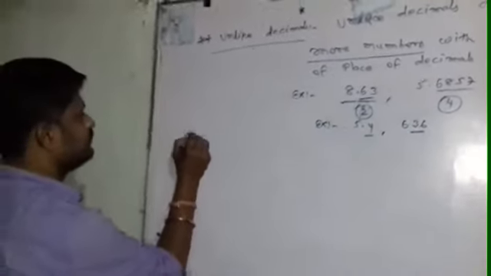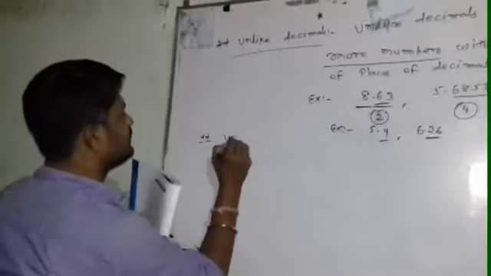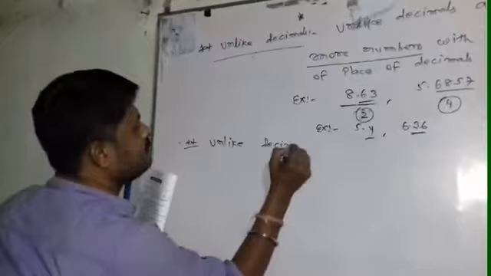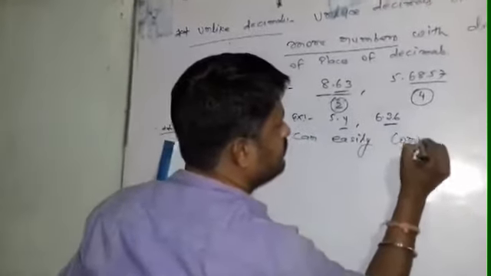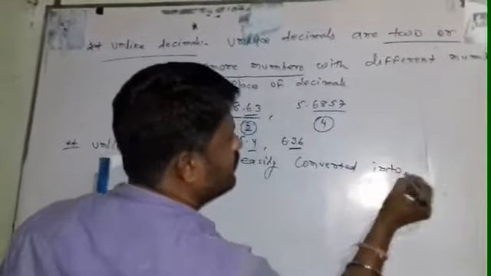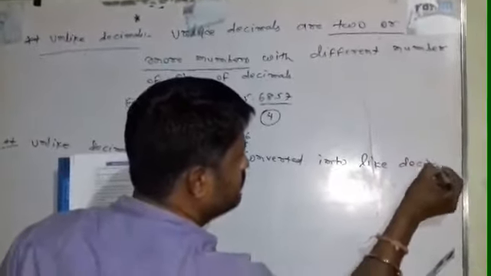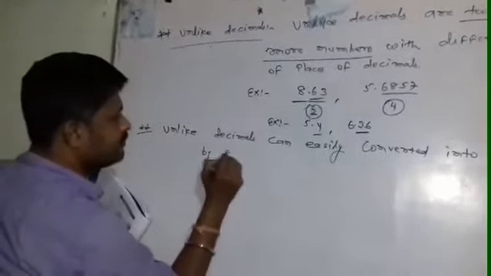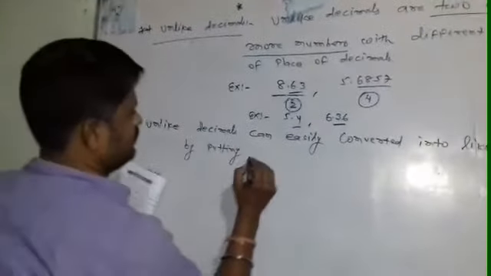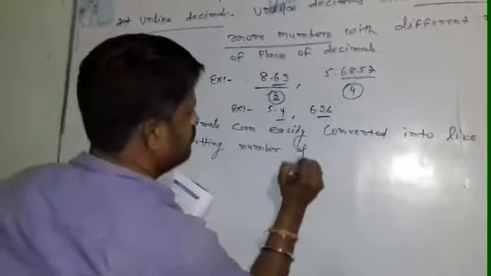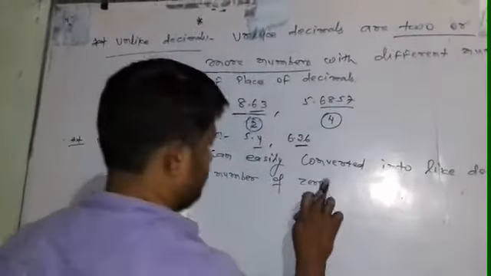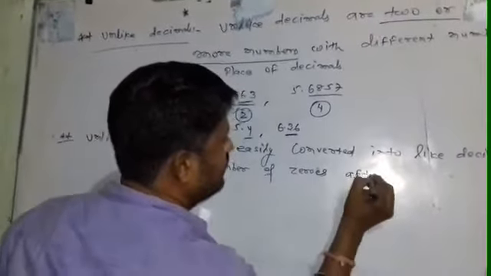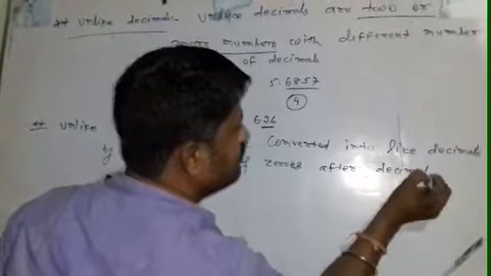Note that unlike decimals can easily be converted into like decimals by putting a number of zeros after the decimal.